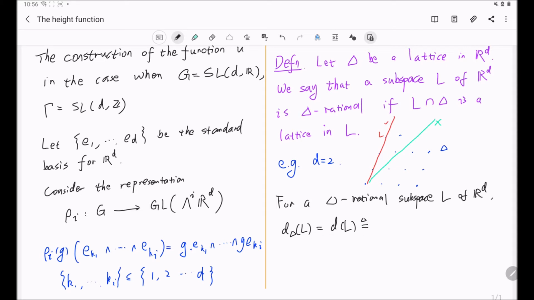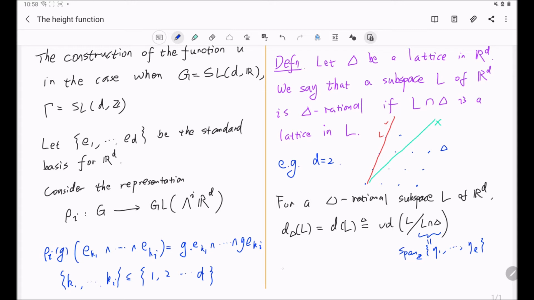We use this notation to denote the volume of the lattice L intersection delta in L. Remember, this volume is defined in this way. Suppose this is a Z-span of L intersection delta with the rank or dimension equal to that of L.